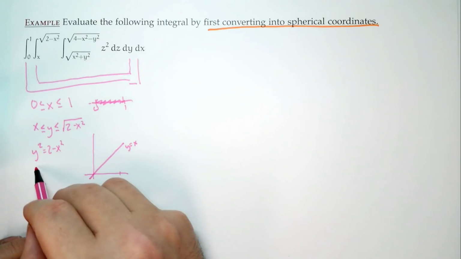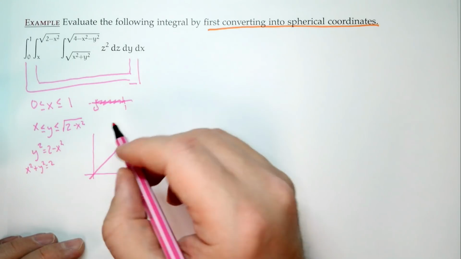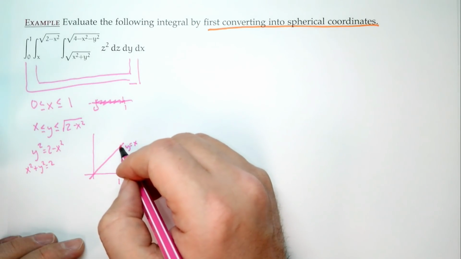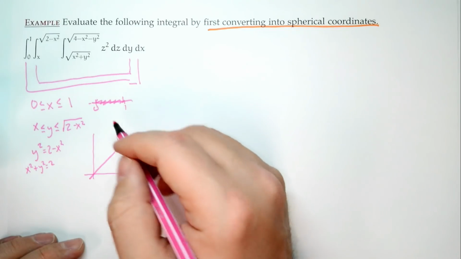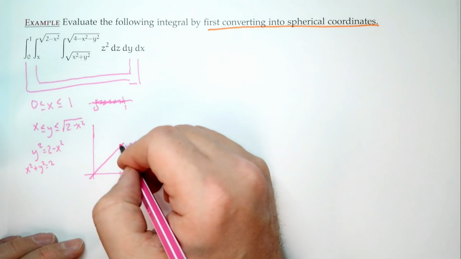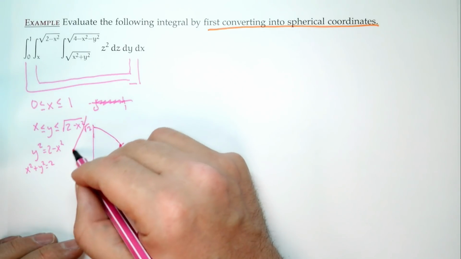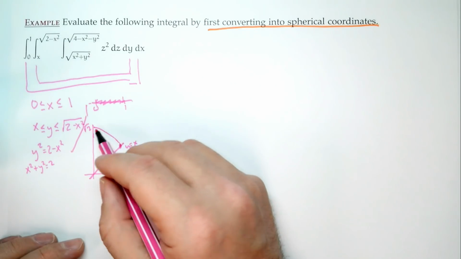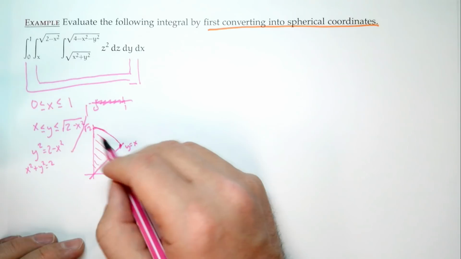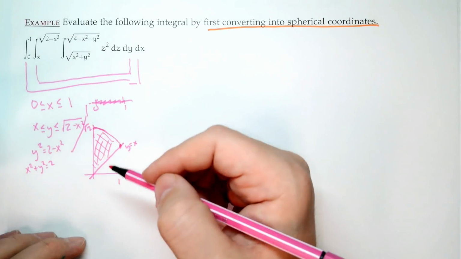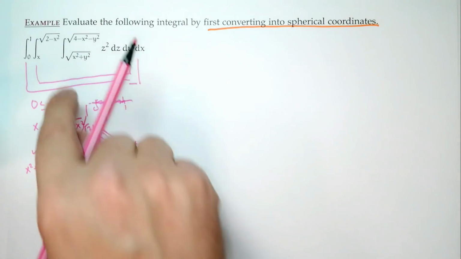If you square both sides and then move the x squared across, you get x squared plus y squared equals 2. So it hits at this point when x equals 1, y equals 1, and then we rotate up, and for here it's at square root of 2. Okay, so this is our shape. It's a wedge of a circle. Okay, so now that's our shape in the xy plane.